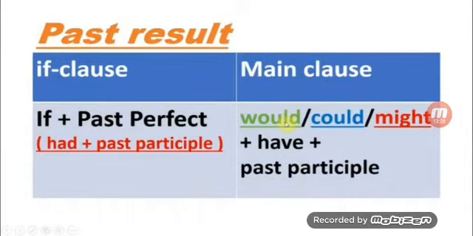We are going to use would, but instead of would we can use could or might. Only one of them should be enough: would, could or might, plus have plus the past participle of the verb. This is when we use past result.